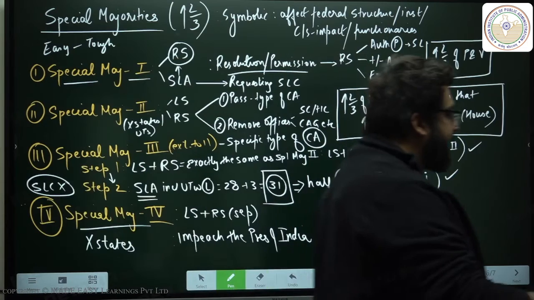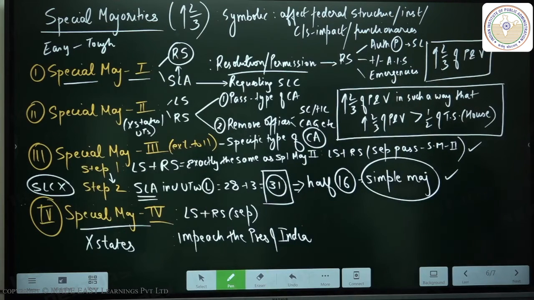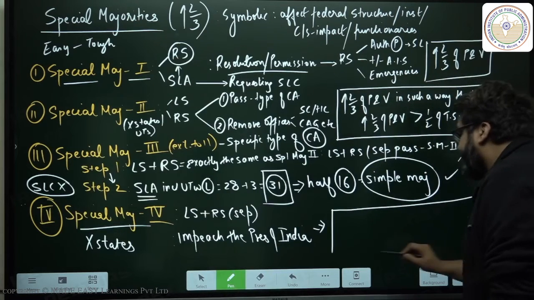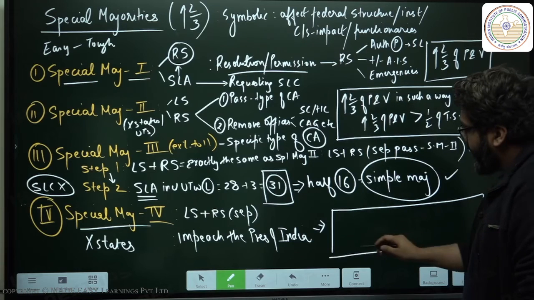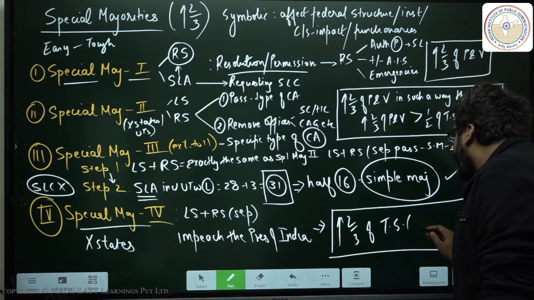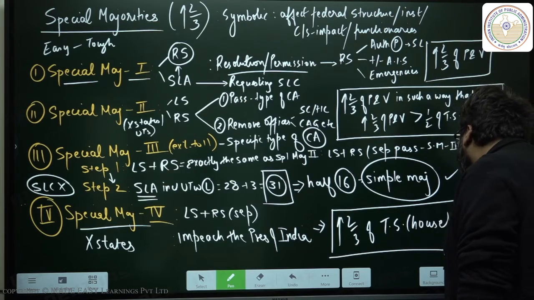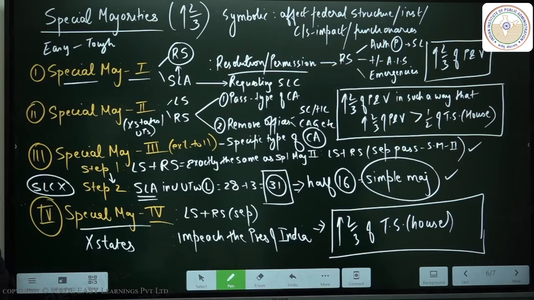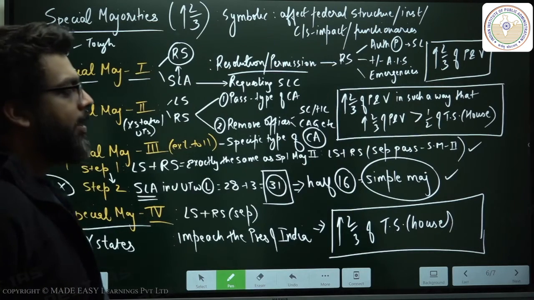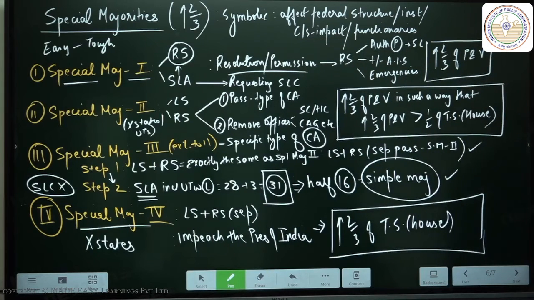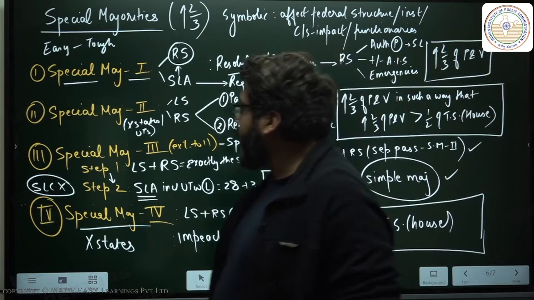And this majority here is an extremely tough majority. This majority is more than 2/3 of the total strength of that specific house. ठीक है? Clear on this?